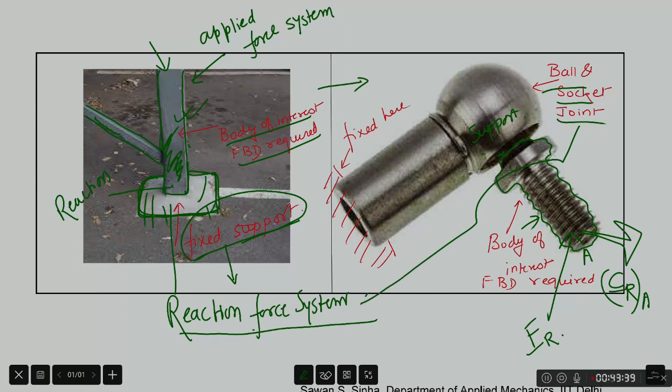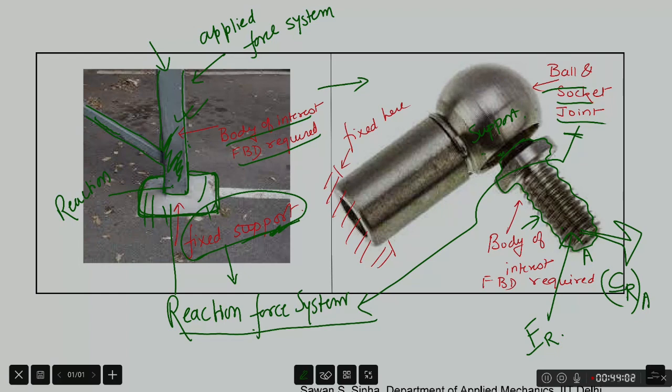Both are supports, different types, different reaction force systems. So we are learning how to draw the reaction force system of a support.